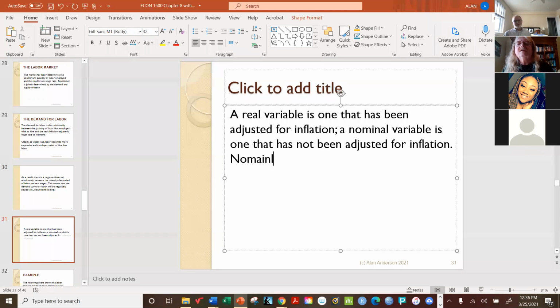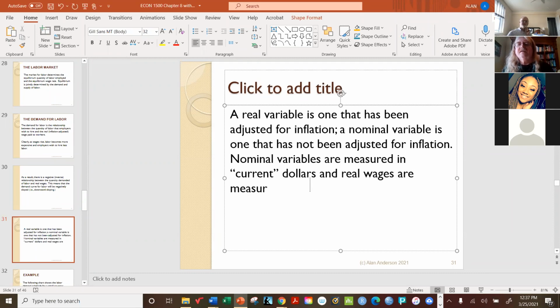Nominal variables are measured in what we call current dollars, and real variables are measured in constant dollars, they're called.